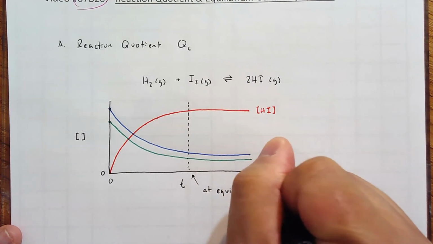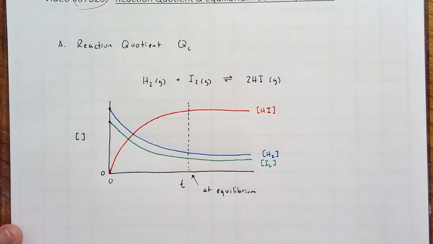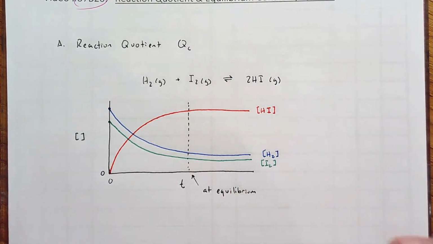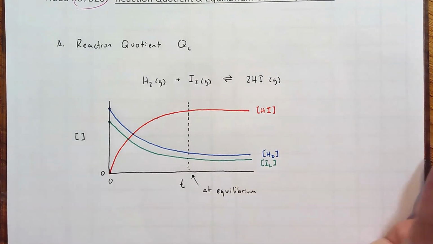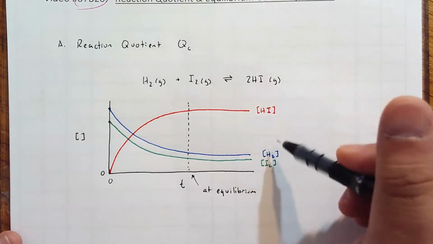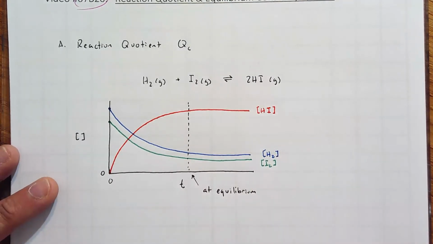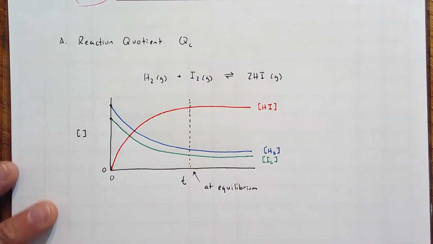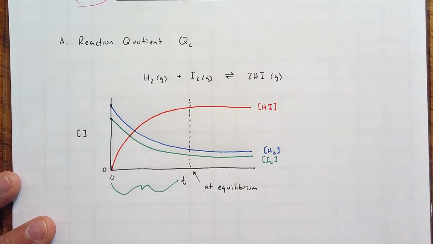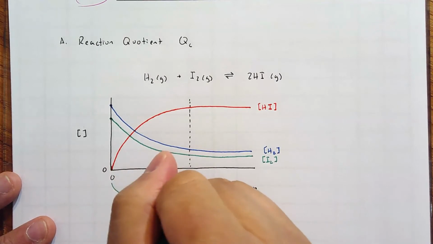I think we understand now that equilibrium means that the concentrations are constant, but the reaction is still going in the forward direction and the backwards direction. It's just that there is no net effect on the concentration. We describe this time before equilibrium as pre-equilibrium.